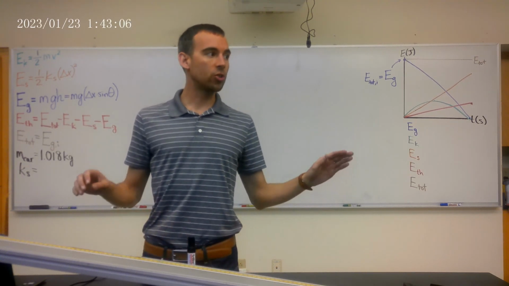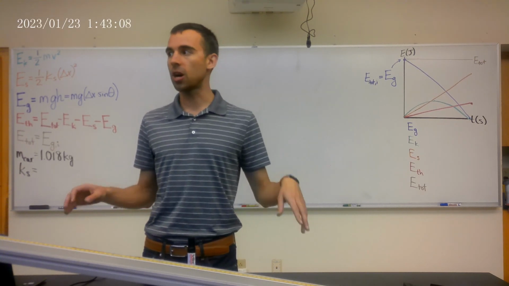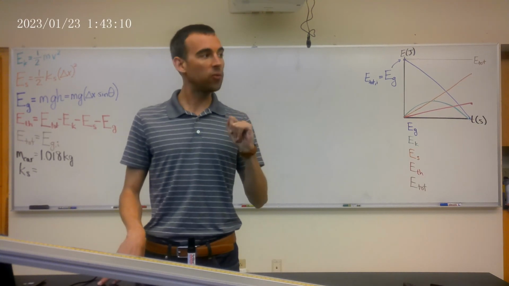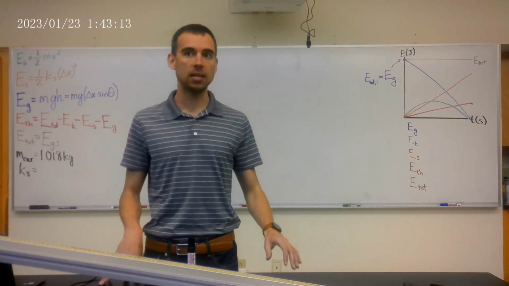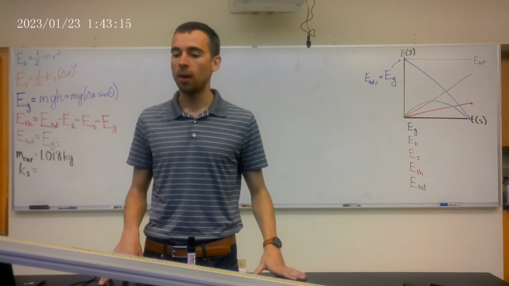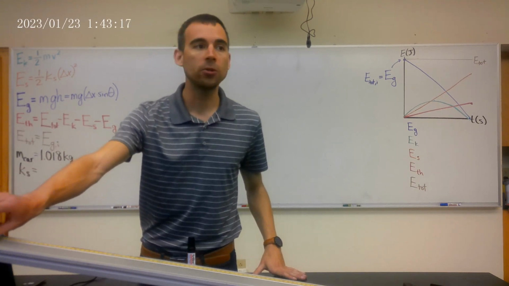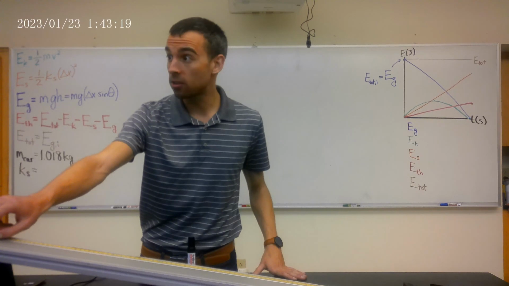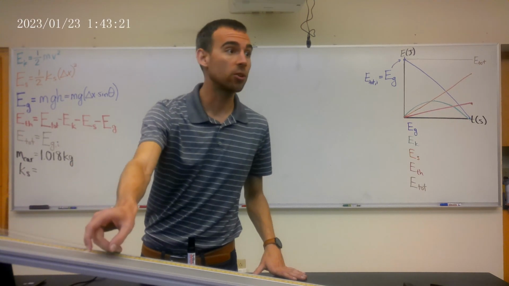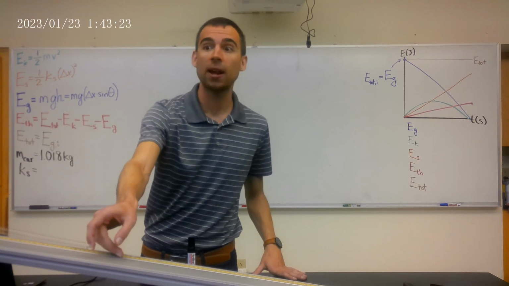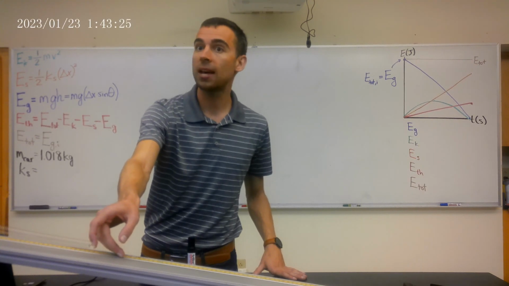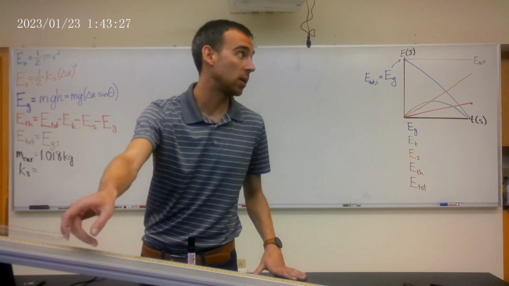If you were to try to figure out your spring constant, there's a couple of ways that you can do it. We briefly did this as a short activity in class after the Wait, Don't Tell Me lab. But I had a little spring on a post, and I had a force sensor, and I pulled it at a certain distance, like 10 centimeters, and I read out the force, and I used that to back calculate my spring constant.